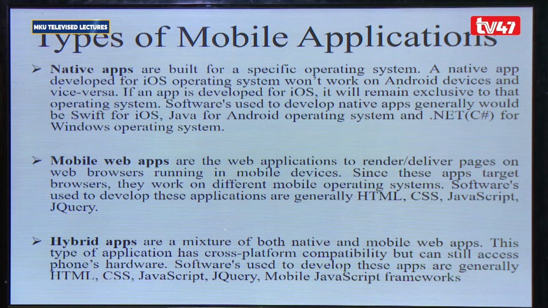So these applications are used to get information or to display information via web browsers. Some of the software used to develop the application are general software like HTML, CSS, JavaScript, jQuery, and so many others. So this one cuts across.